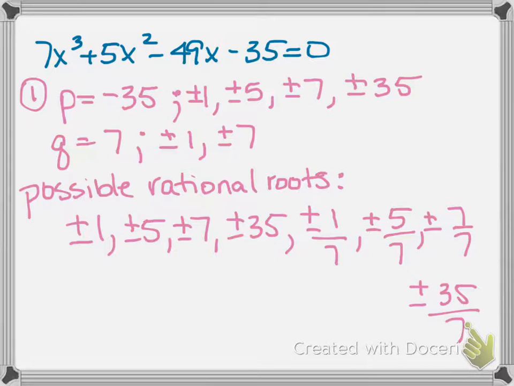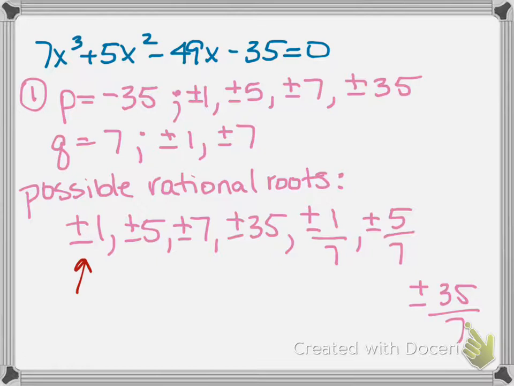So let's take a look at these. Positive or negative 1 over 7 doesn't match anything we have. Positive or negative 5 over 7 doesn't match. Positive or negative 7 over 7 is really just a 1, which I already have here, so I don't have to worry about this one. I can erase that guy or just cross it out.